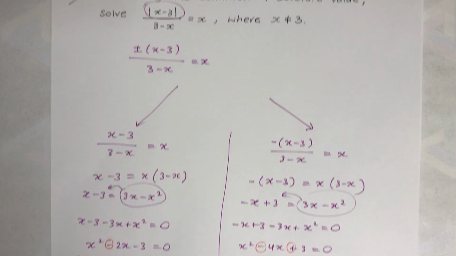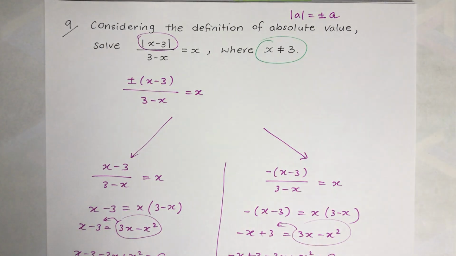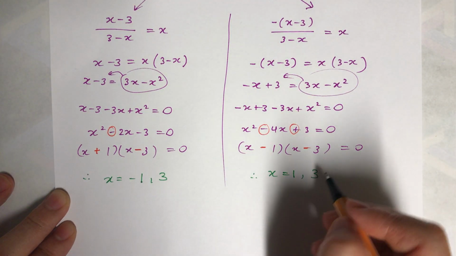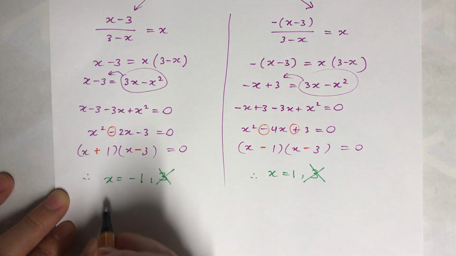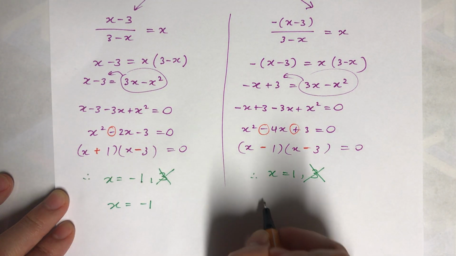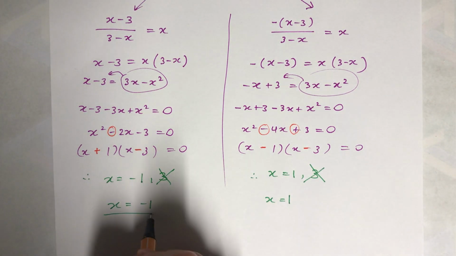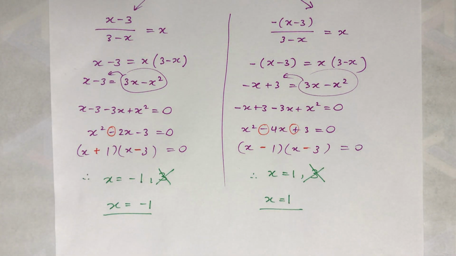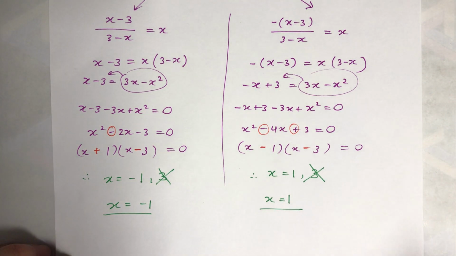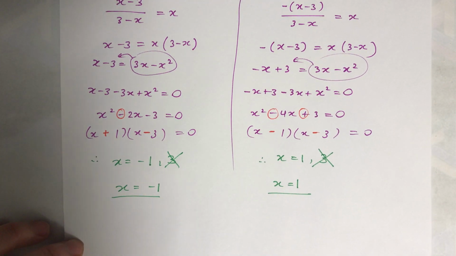But x cannot be 3, so I can't count that one. So I've got x equals minus 1, x equals 1. But I need to check whether that satisfies the equation. So I need to check that.